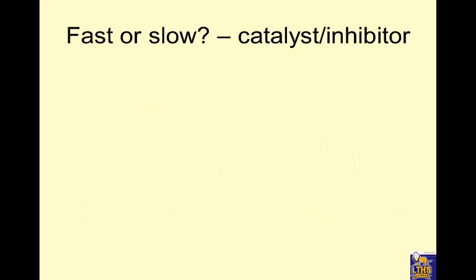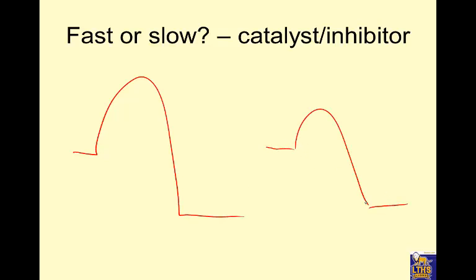Okay, fast or slow. So this is where catalyst comes in. If you have an energy diagram, and then you have another energy diagram, this is a slow reaction because you've got to climb this energy barrier. This is a faster reaction because it has a lower energy barrier. So which one's going to be faster? This one. These are both exothermic.